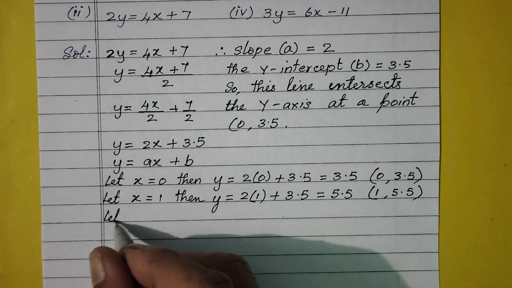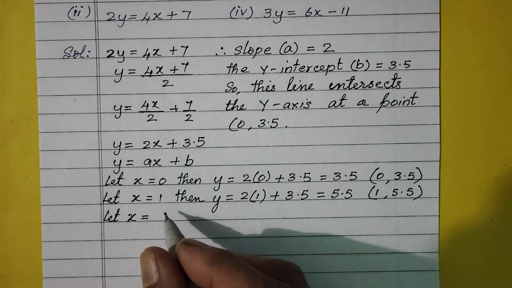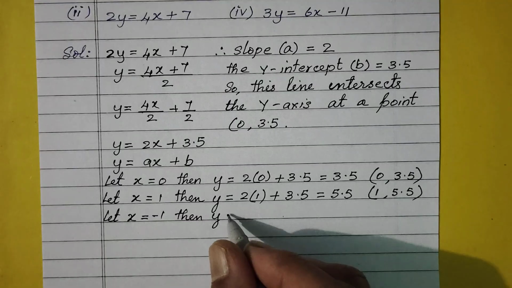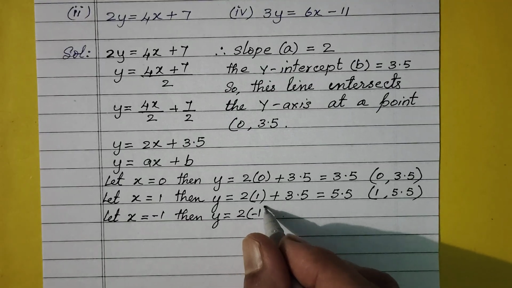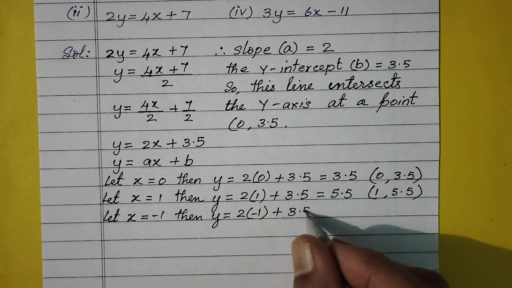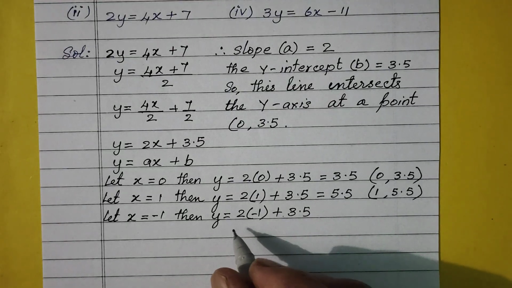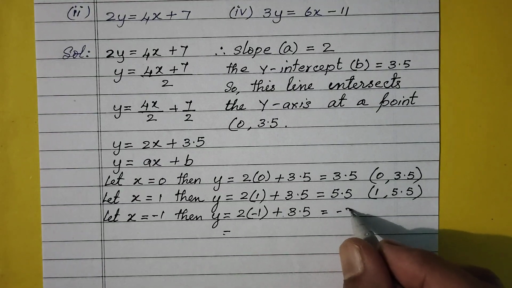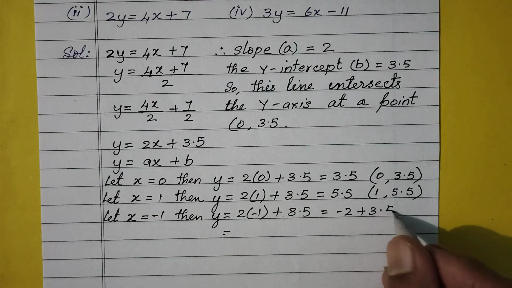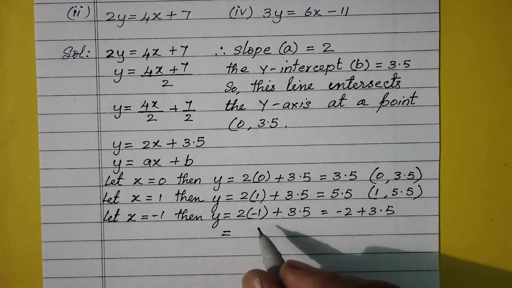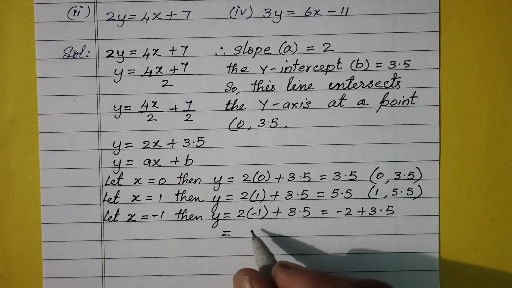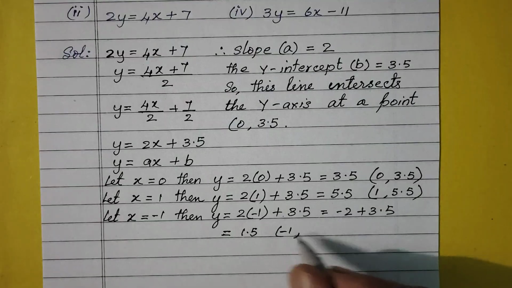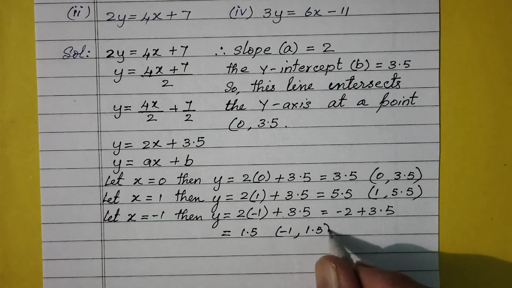Next, let x be equal to -1, then y will be equal to 2 into -1 plus 3.5, that's equal to -2 plus 3.5, that will be equal to 1.5. So the x coordinate is -1 and the y coordinate is 1.5.